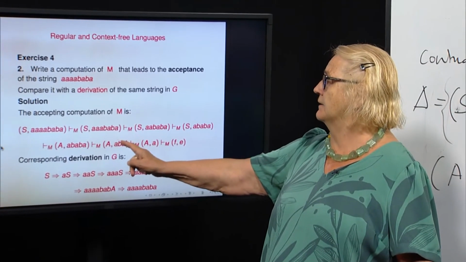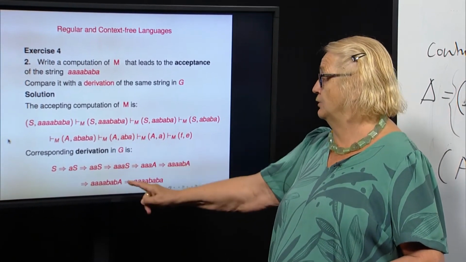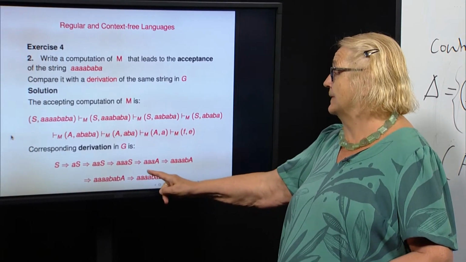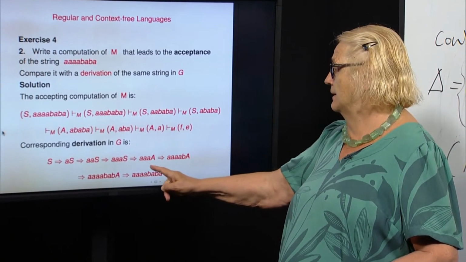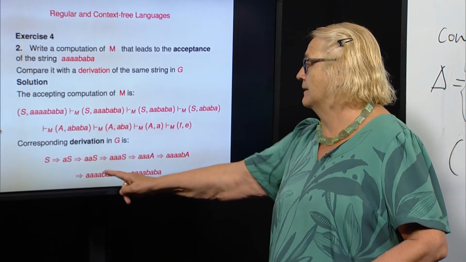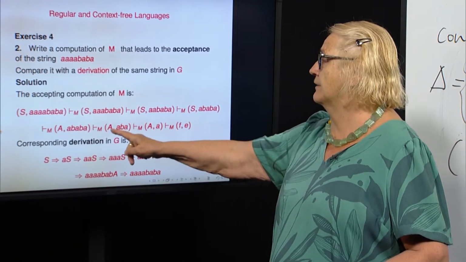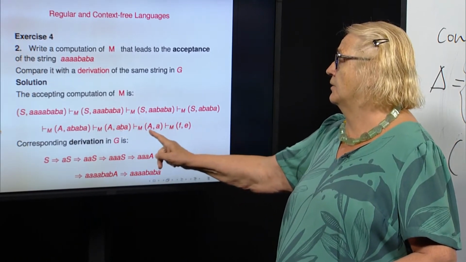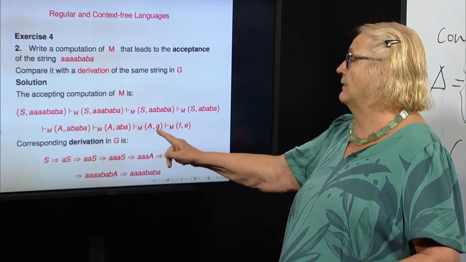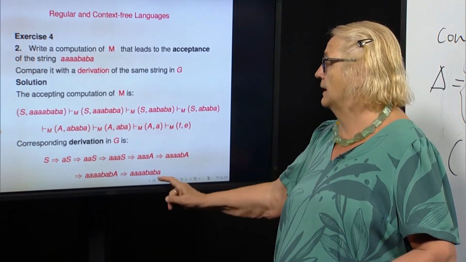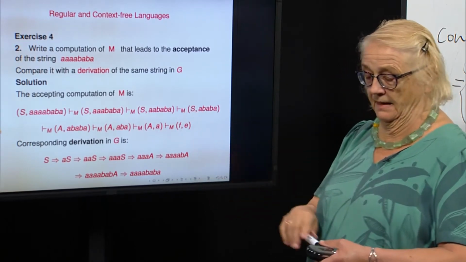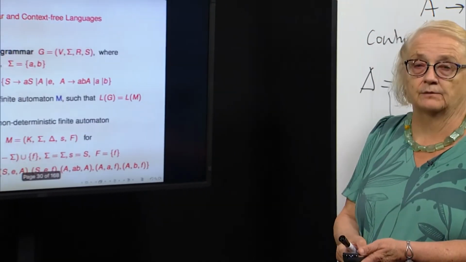In a state A, reads AB, because it created AB. So here it reads AB, goes to the state A, and then when I am in A, I accepted the automata.